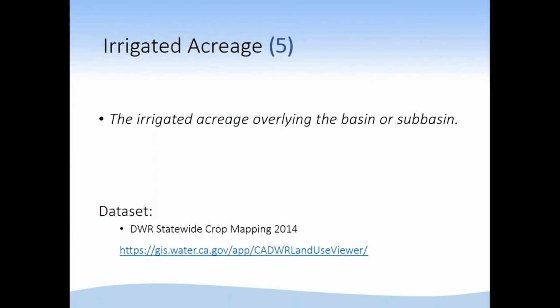That data set has been available for download, and it's available for anybody. The website is on the bottom here. It's been there for the last 7 or 8 months. We used that data set for this particular component, but it was also used in the groundwater reliance section of this processing. All the land mapped in that particular data set is considered irrigated acreage.